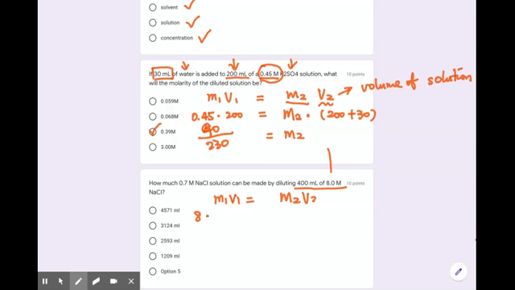So 8 times 400 equal the new molarity, which is given, 0.7, times V2, the volume of new solution we're looking for. So divide by 0.7 on both sides. V2 equal 8 times 400 divided by 0.7, which is 4,571. The answer is the first one.